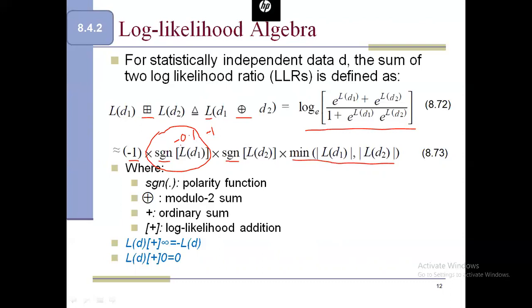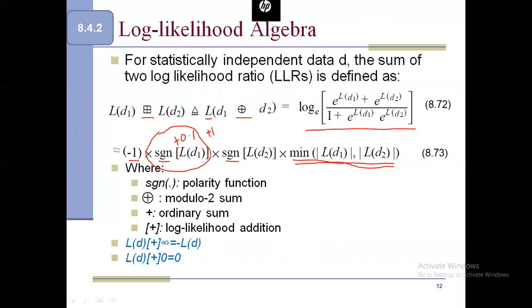Any value which is greater than 0 generates plus 1. So plus 0.1 is greater than 0, so it will generate plus 1. Similarly, the minimum of these two values can be determined.